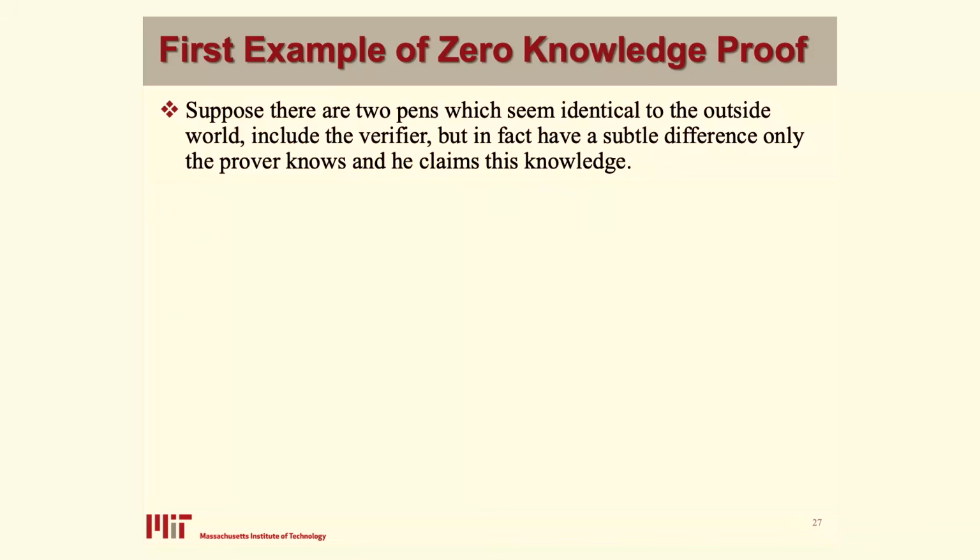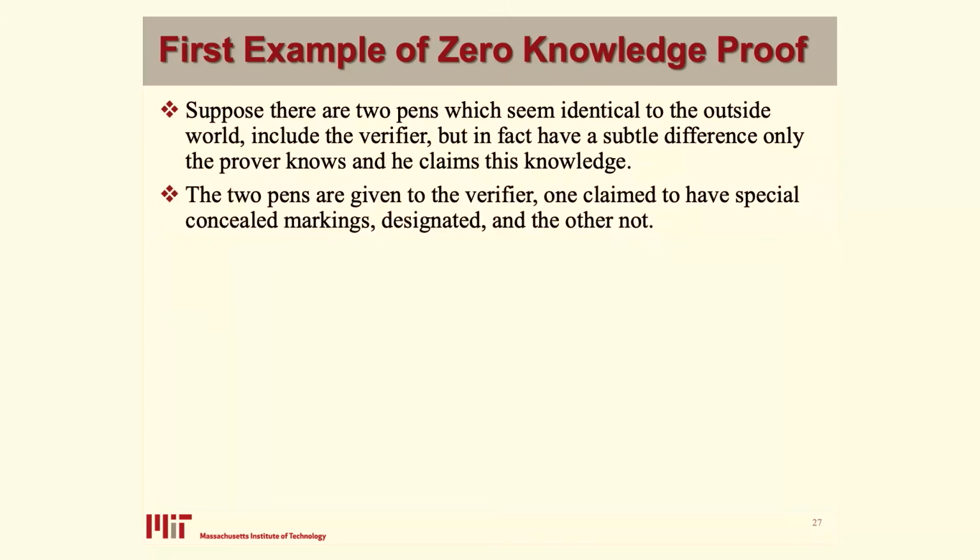One is there's a pen which the prover knows is a special pen, and the prover can actually see something on the pen that's obscure to the verifier. There are two pens, one with the special markings that the verifier can't see, and the other one just bogus. The prover says, I know which is the real pen.